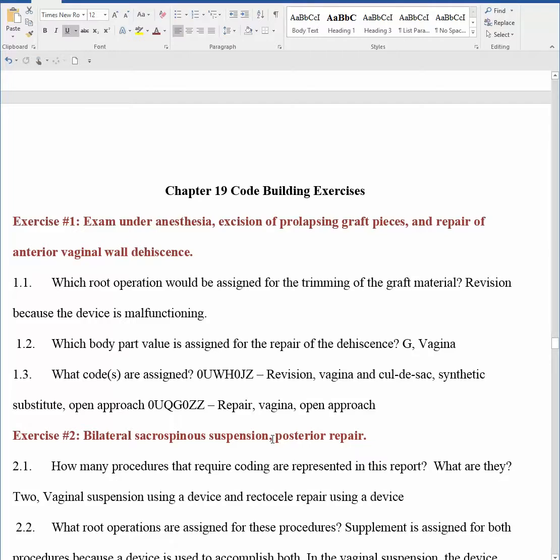So if we're looking at the code building exercises at the end of chapter 19, again, female anatomy, the first one is examination under anesthesia, excision of prolapsing graft pieces, and repair of an anterior vaginal wall dehiscence.